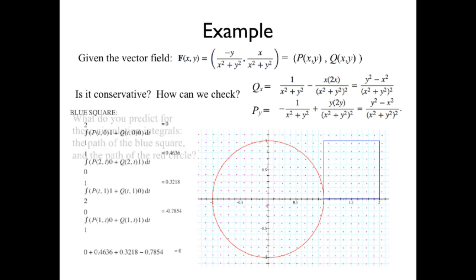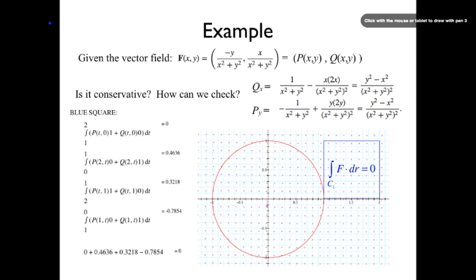And so here's the blue square. The first side I traversed around this way. Here's C1, and actually that along there is 0, and then C2 is up this side here. I got some weird decimal, 0.46, and then across over here is the third one, 0.3218, and then down the fourth side was negative 0.7854.